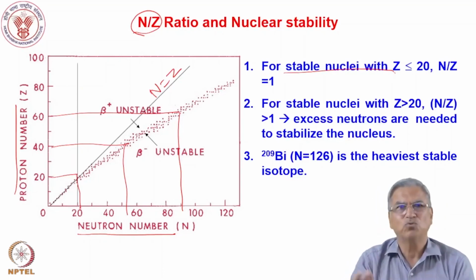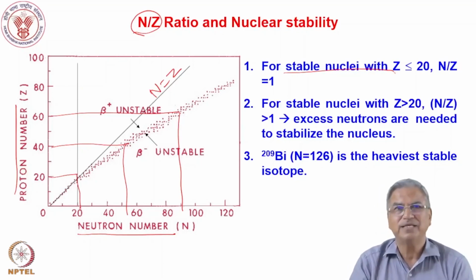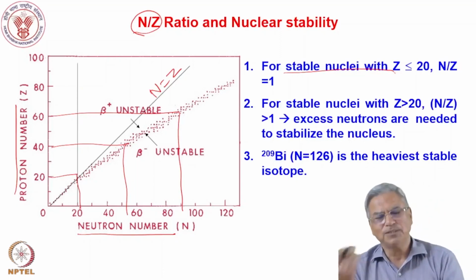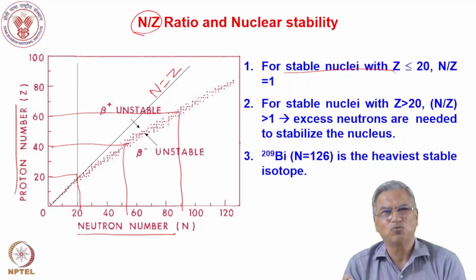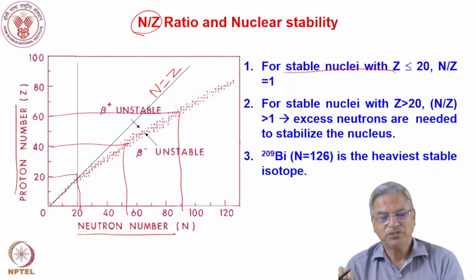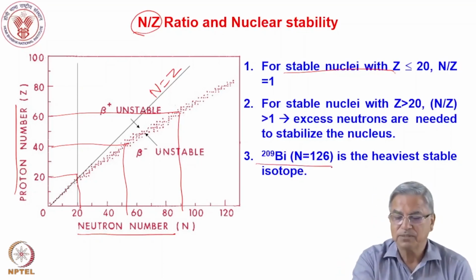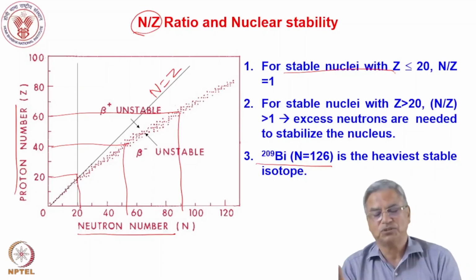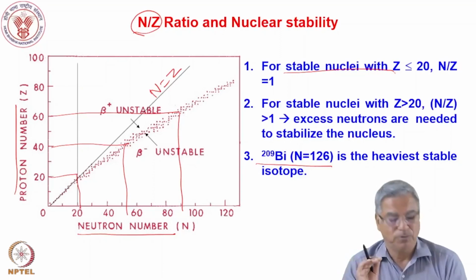But for stable nuclei with Z more than 20, there are excess neutrons. As we increase the proton number, you require more neutrons than protons to stabilize the nucleus. The heaviest stable nucleus is bismuth 209, with N equal to 126. Beyond bismuth 209, all radionuclides are unstable.